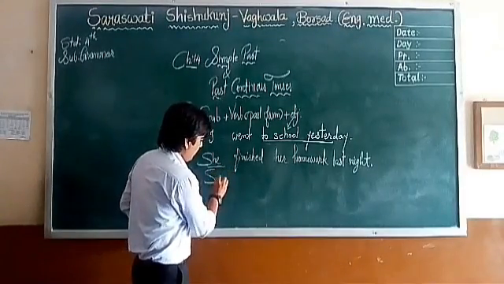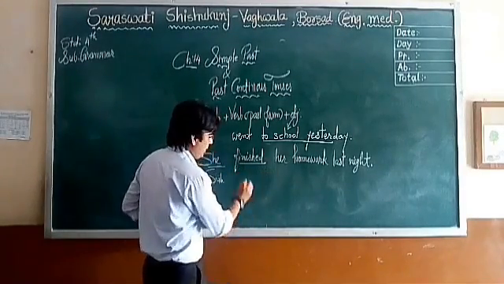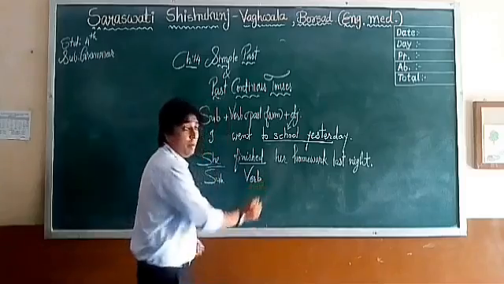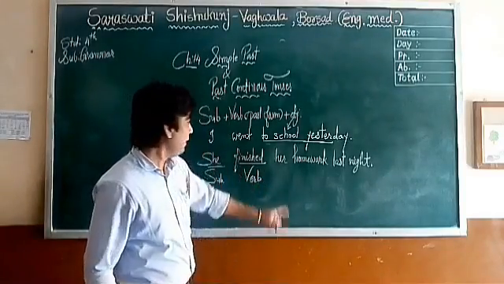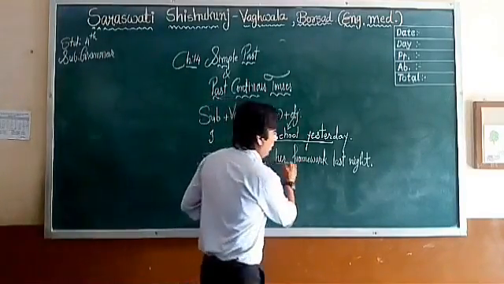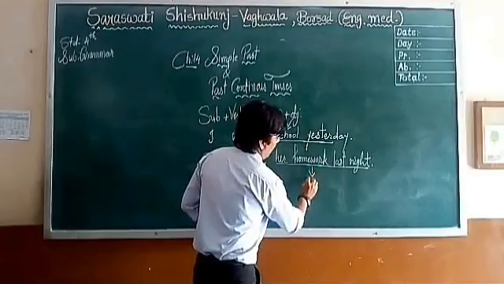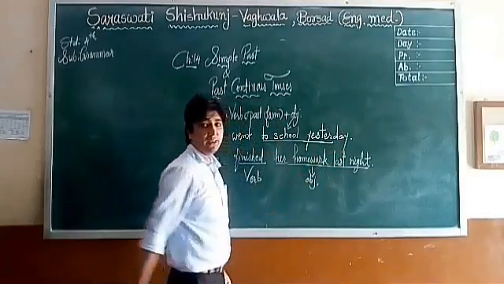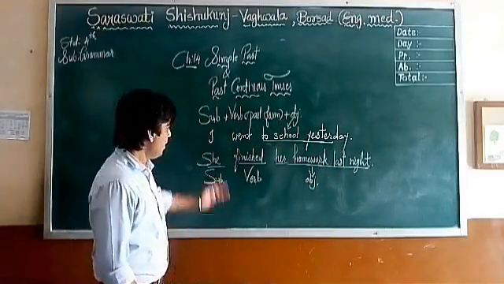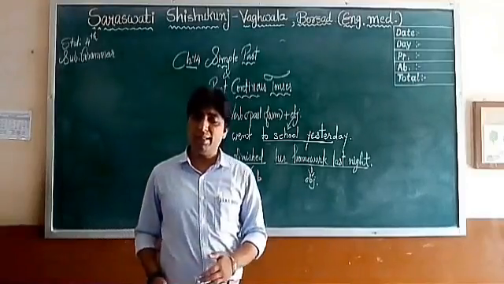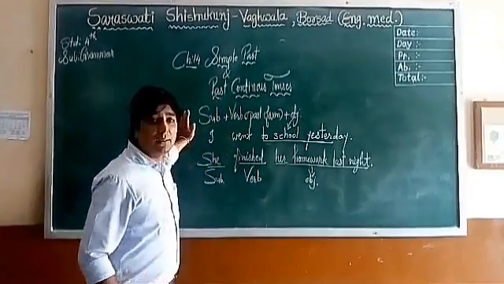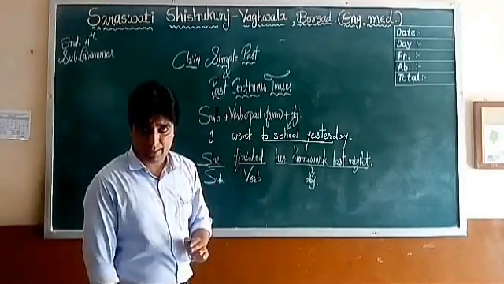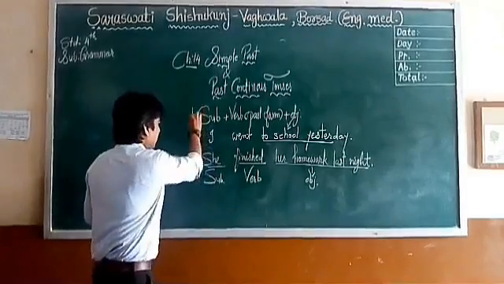She, subject, finished, that is verb, past form of finish, alright? We have added ed, and her homework last night is our object. Okay, so these are the example sentences of the simple past tense, right?